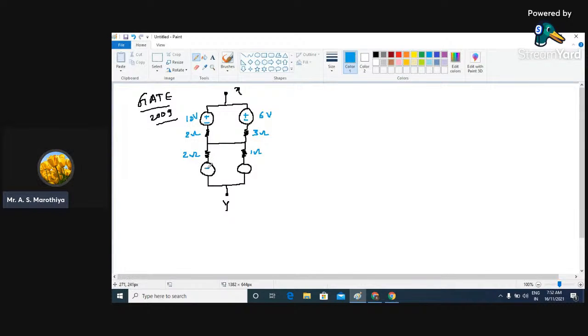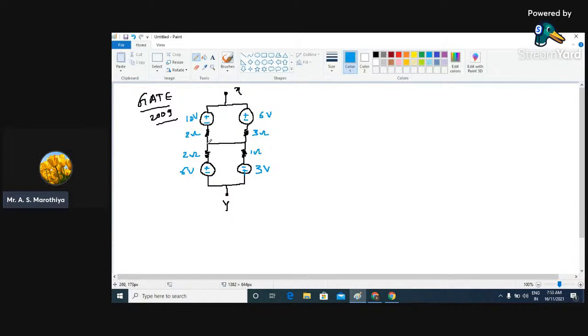Then the magnitude of this voltage source is plus minus, and this is going to be 6 volt. And the magnitude for this is plus minus. No, it's not plus minus. Let me erase this. It is minus plus, and the magnitude is 3 volt.